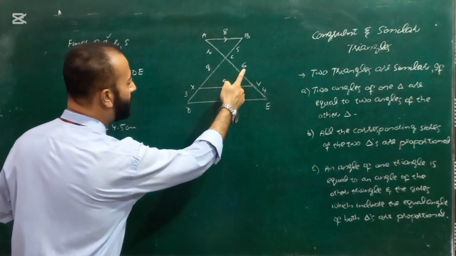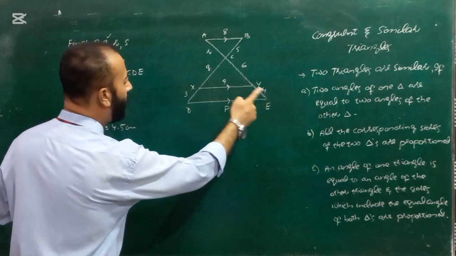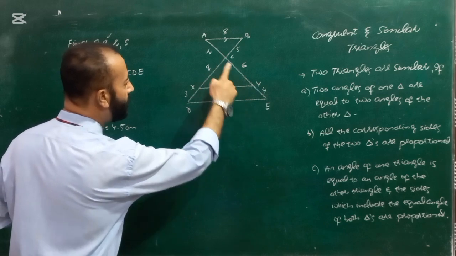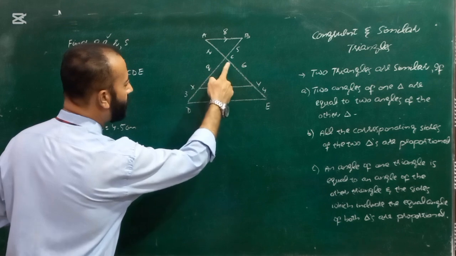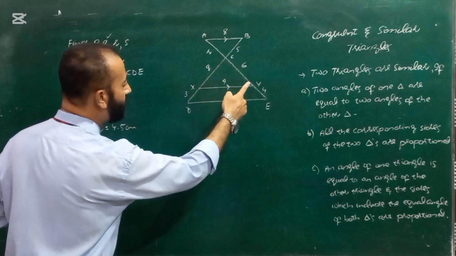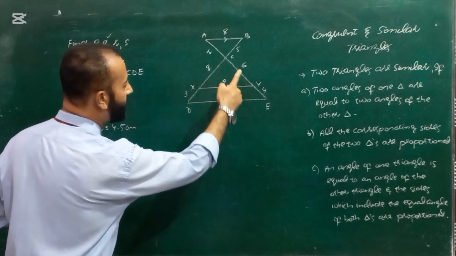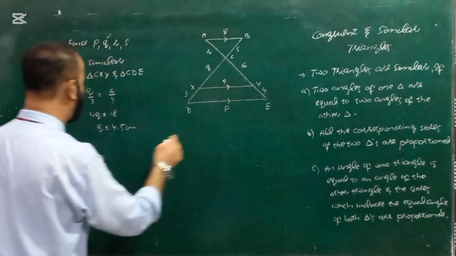So we are moving from here to the bigger triangle, that is 6 by 10. Look now, 6 is the side of the smaller triangle, and the bigger triangle is total 10. So 6 by 10.